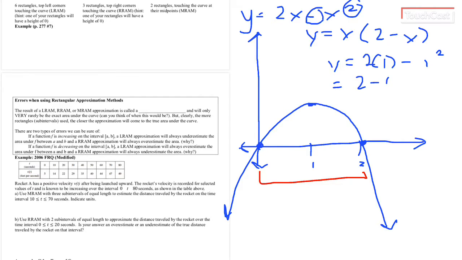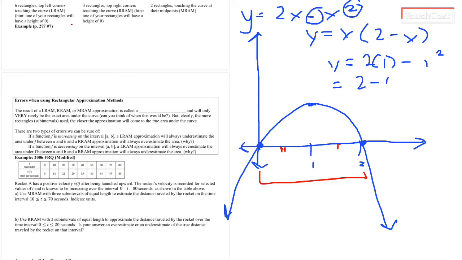If I have a total width of 2 that needs to get broken up into 4 sections, then each section is going to be a half wide. So I'm going to have one rectangle cover from 0 to 1/2, another from 1/2 to 1, another from 1 to 1.5, and then from 1.5 to 2.